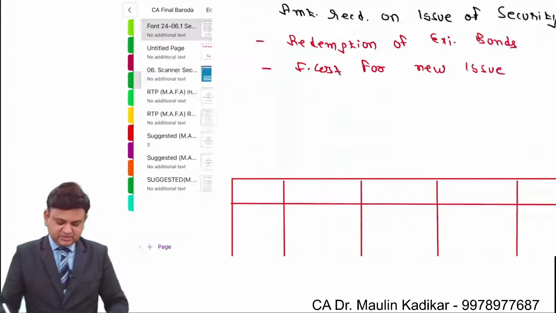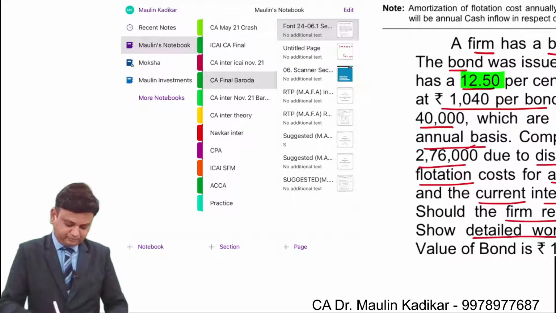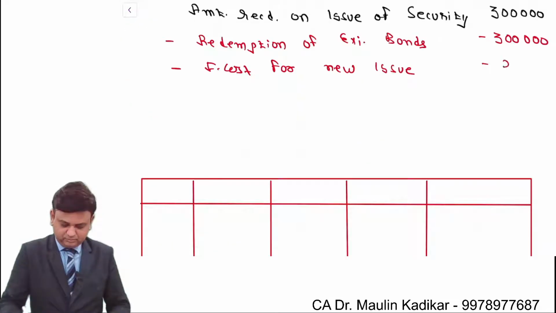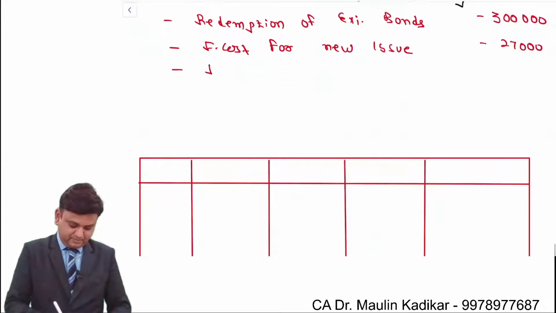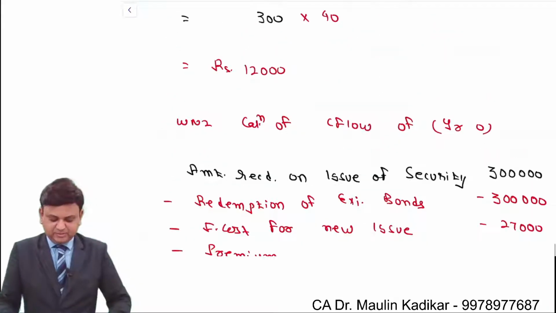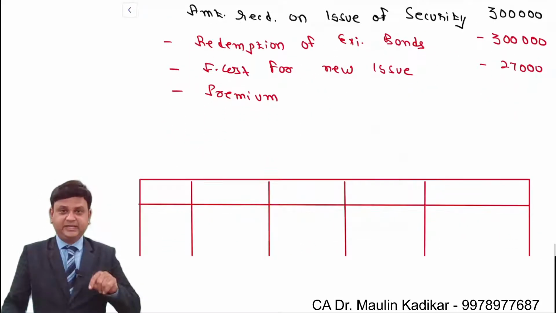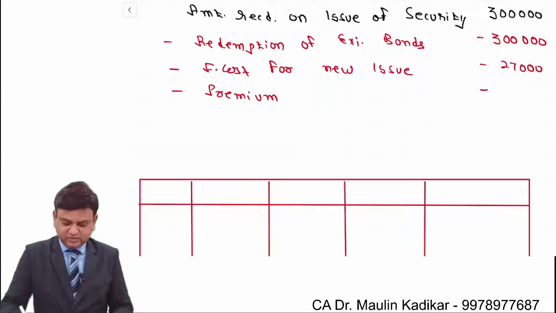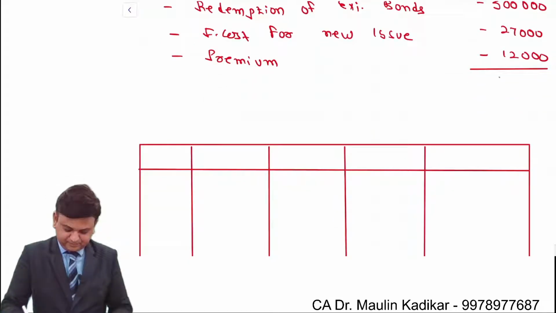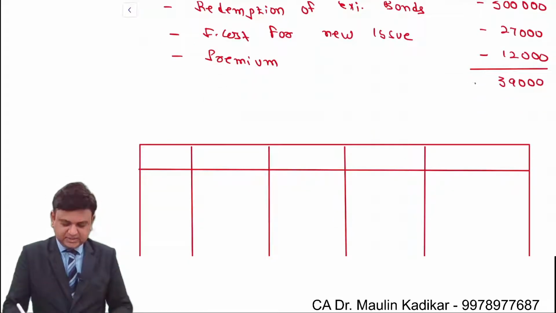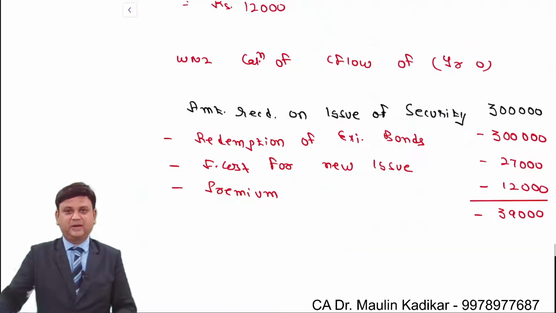I suppose that it is an amount of 27,000. Minus premium, which is required to be paid to the bondholders right now, that is an amount of 12,000. So this will give us year 0 cash flow, an amount of 39,000. This is the cash outflow for year 0.